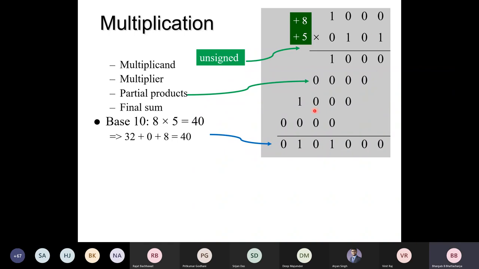So you tell me, in hardware, what do I have to do? Suppose you are given these two strings as input, and I want to produce this. What would be the hardware solution for implementing this, based on whatever you have studied so far? How do I generate the partial product?